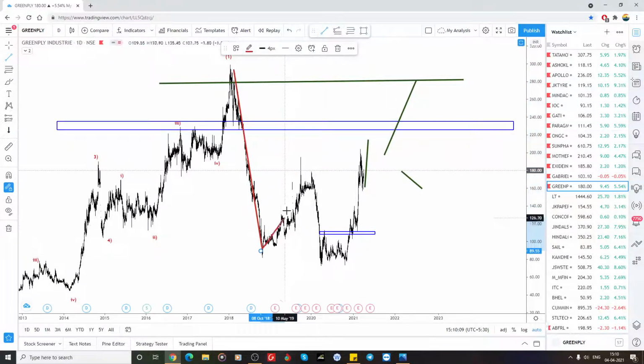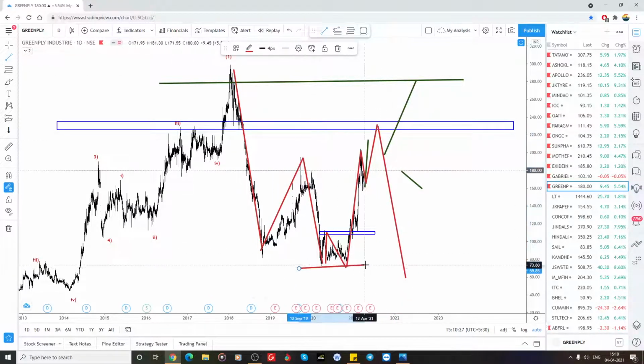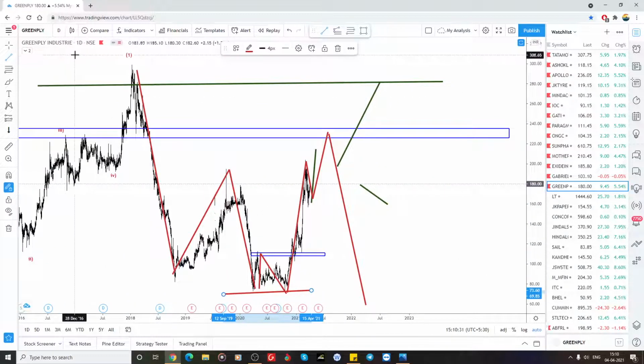After that, this could be an A or W, and this is the X or B. And if it is a 5-wave structure, 1 2 3 4 and 5, once it is in a running expanded flat, again we may see the low also. So that is also still ahead.